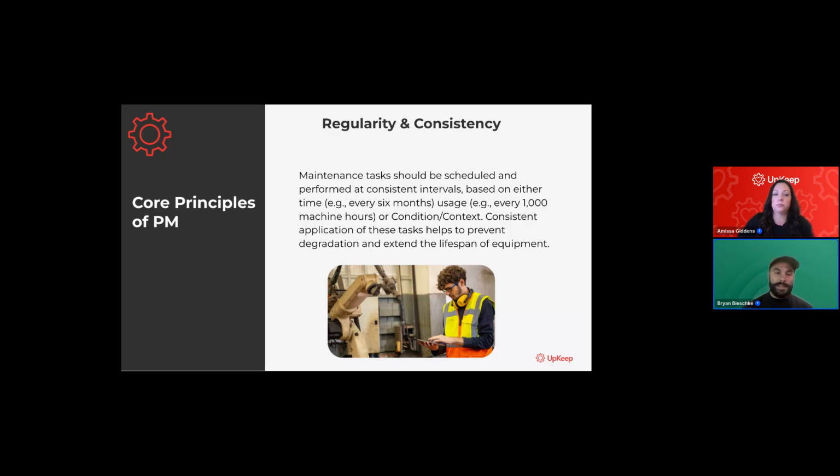We have to have consistent application of these tasks to help prevent degradation and extend the lifespan of equipment, however you or your organization finds the most meaningful way to schedule work. Time, usage, condition, context. I will say this, that condition and context will put you closer to optimization than others. But there are some regulatory PMs and services that have to be done time-based so that you can meet your requirements.